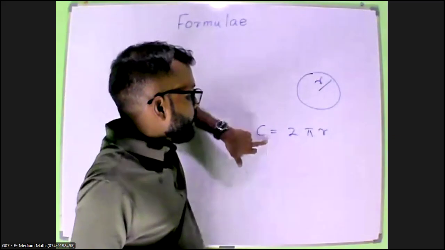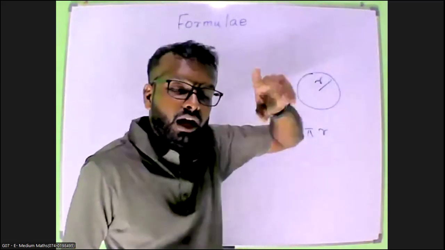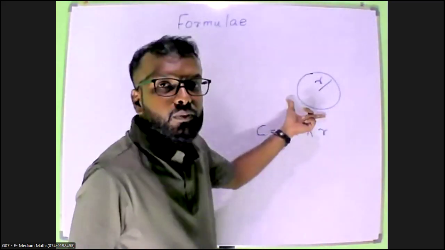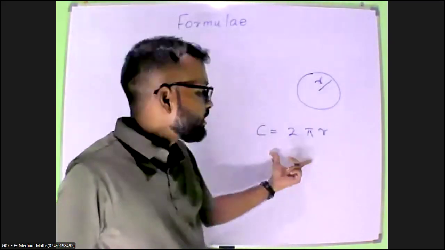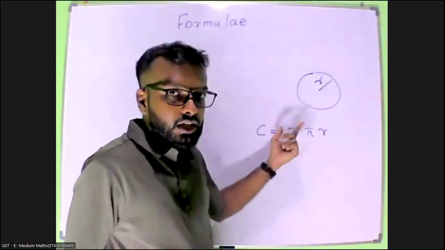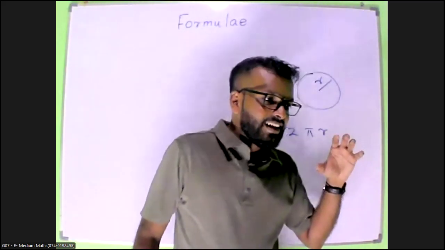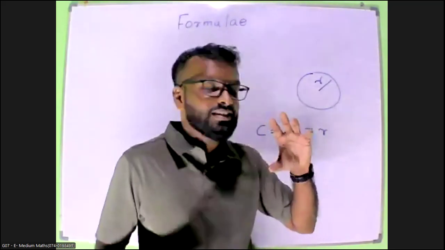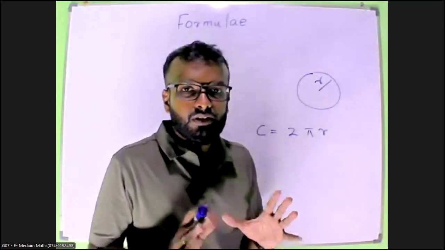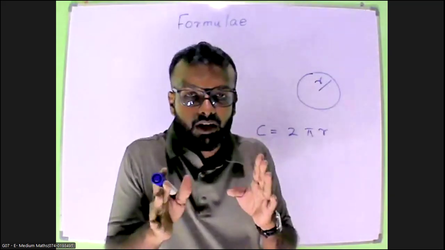So if you draw a circle and ask to find its circumference, you are applying this equation, so that this becomes a formula. This is something like a universal thing. That is the difference between formula and equation.